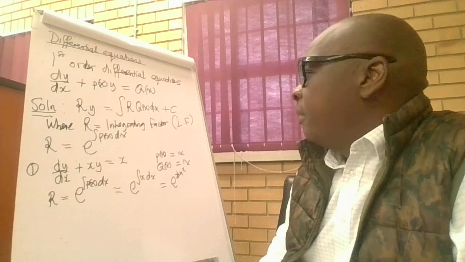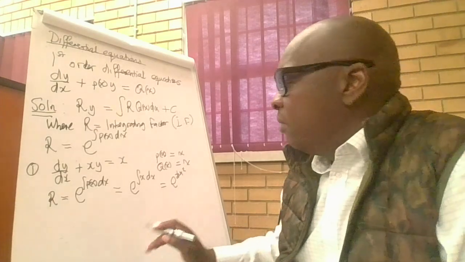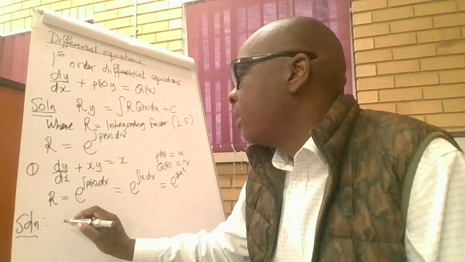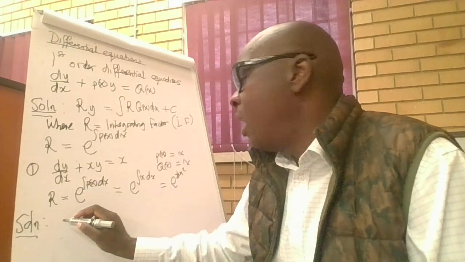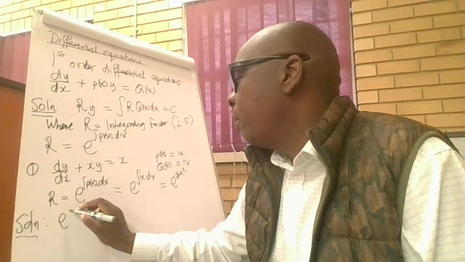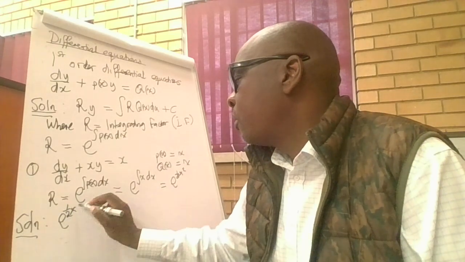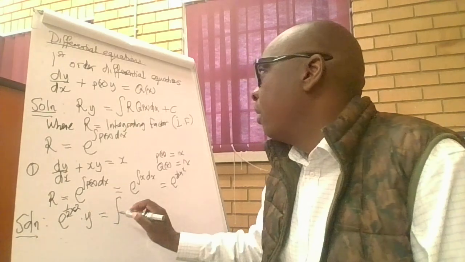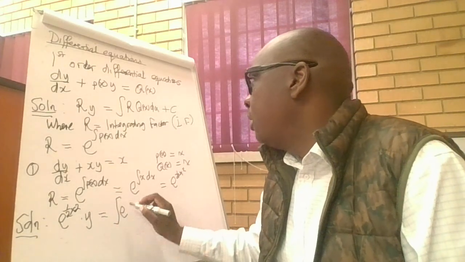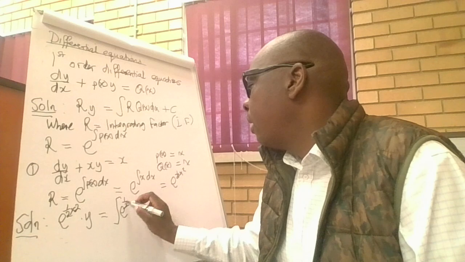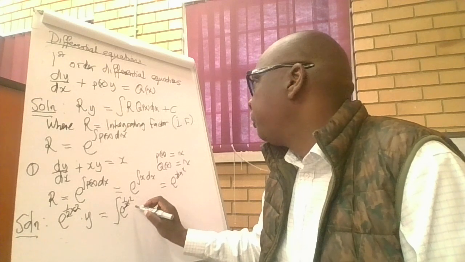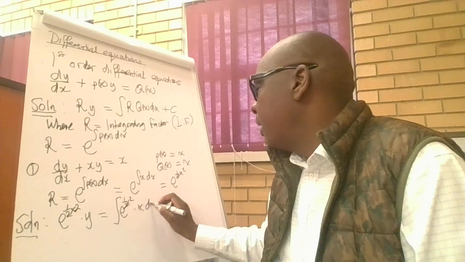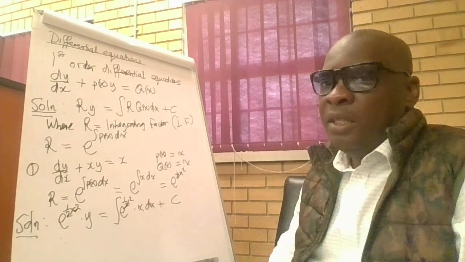So that is my R. So now that I've got my integrating factor, I go into the solution and substitute that. So the solution will then be given by R, which is e to the power half x squared, times y, being equal to the integral of R, which is e to the power half x squared, times q(x), which we saw is x, dx, and of course plus c, like that.